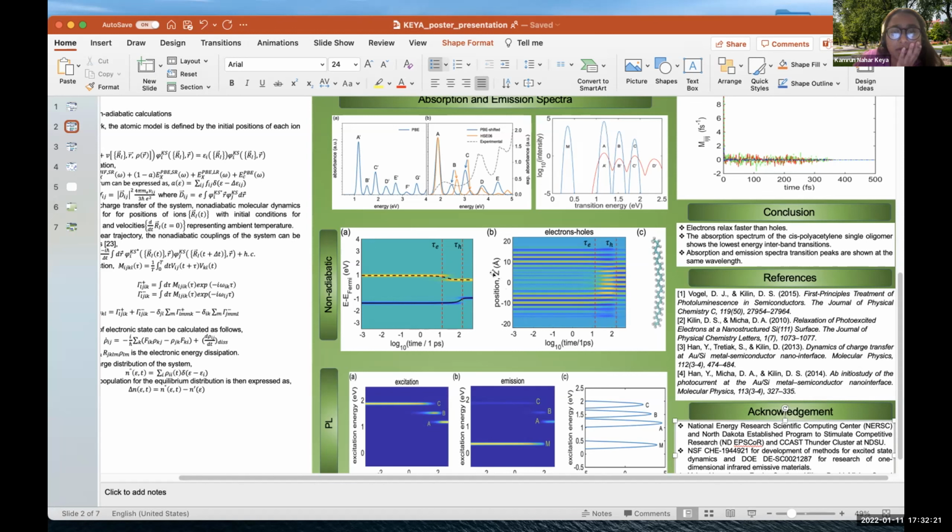From this figure, the yellow line is already condensed in the middle section, but the blue line still doesn't relax. So from figures A and B, they are correlated, and they show that electrons relax faster than the holes.